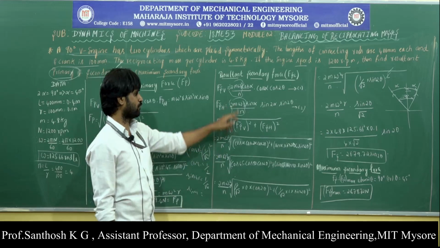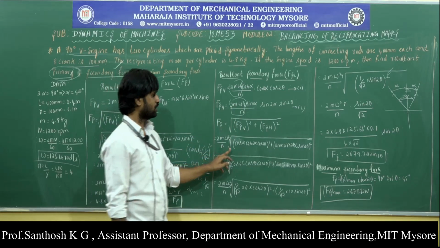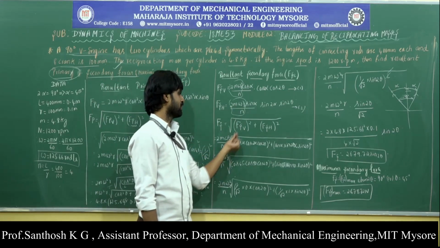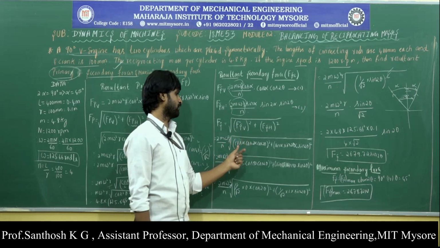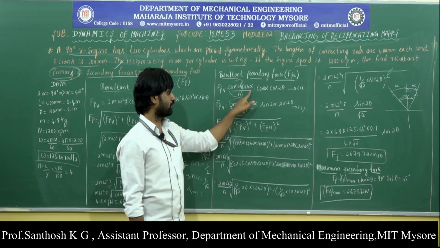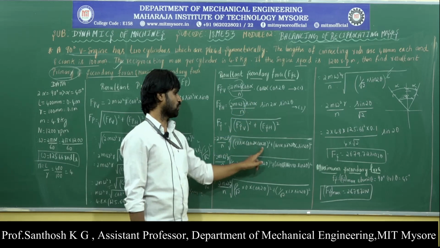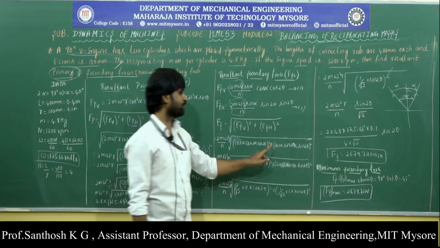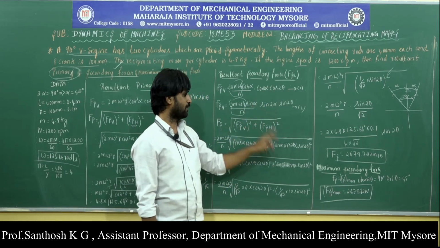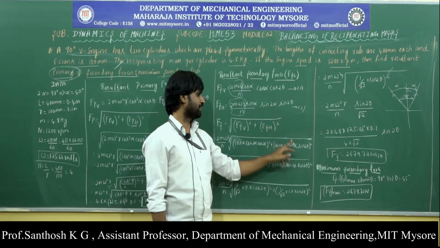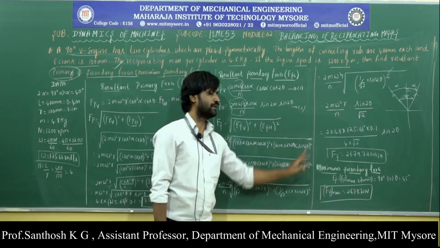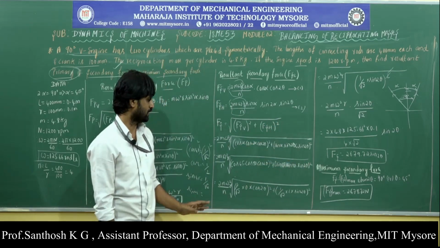I have taken 2m omega square r by n outside. In the first term I will be left with only cos alpha into cos 2 alpha into cos 2 theta, and in the second term I will be left with sin alpha into sin 2 alpha into sin 2 theta.